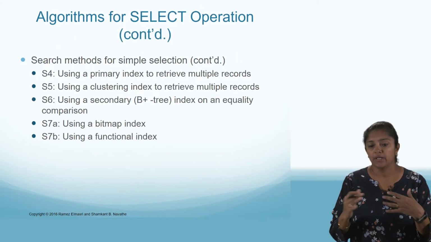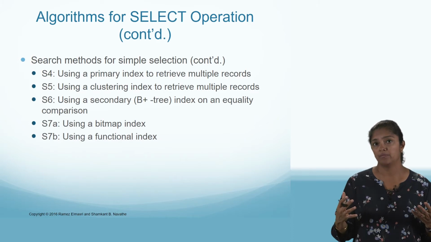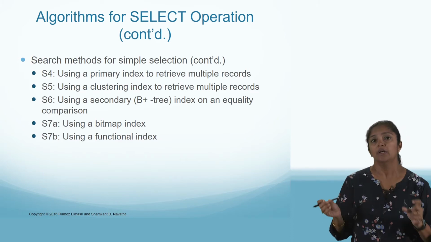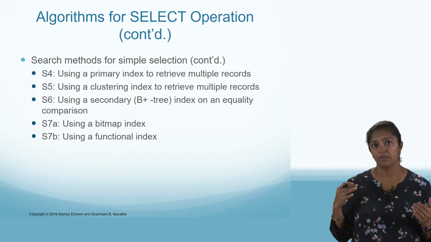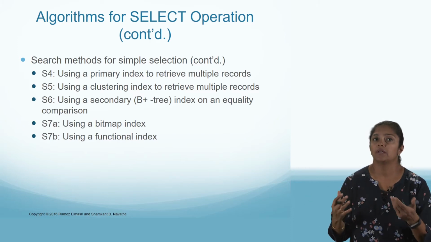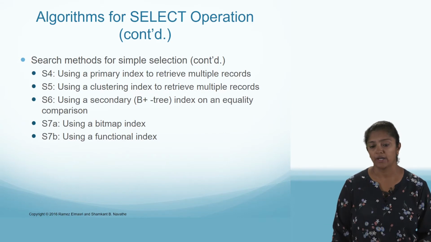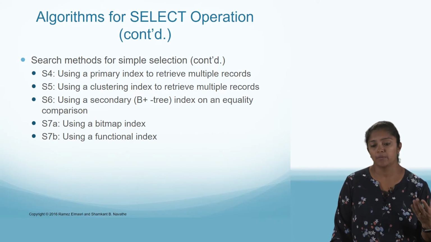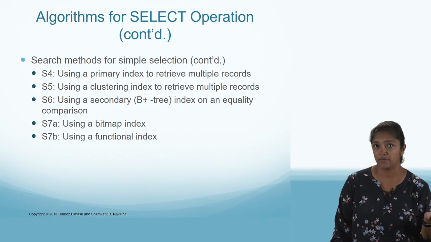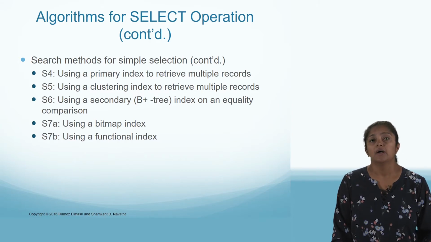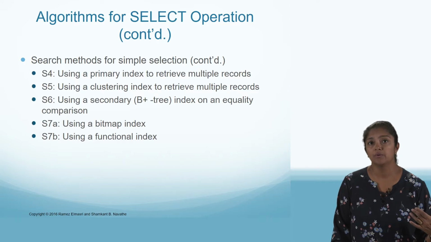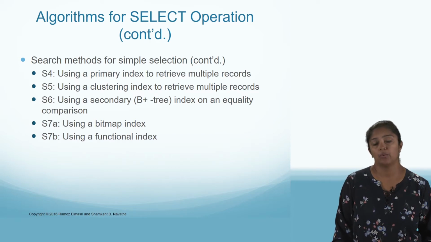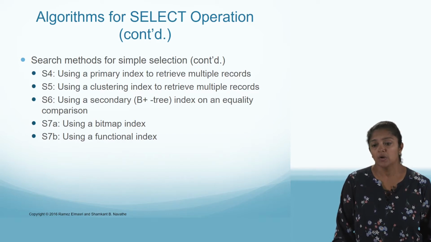So then there are other methods if the selection is not simple, and if multiple records need to be pulled, then there are corresponding algorithms for them, either using a primary index or a clustered index if a clustering index is available. There's also a secondary B plus tree algorithm that can be used, again on equality comparisons.